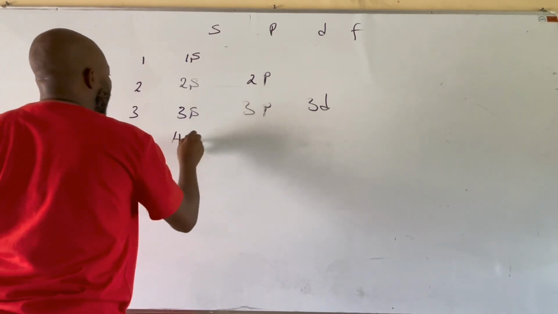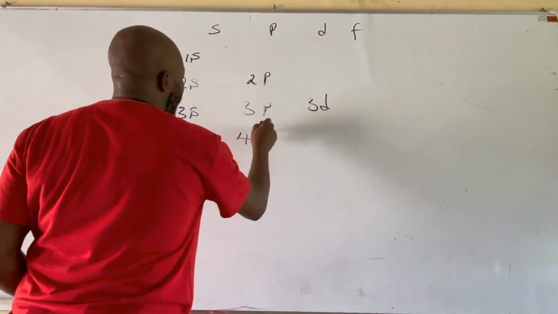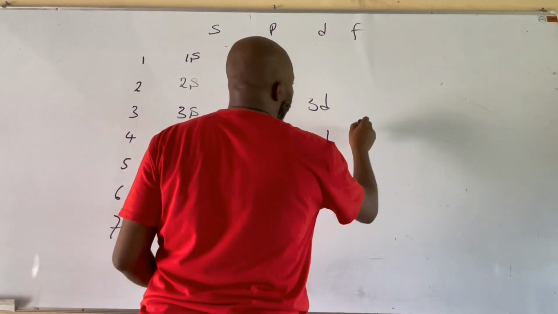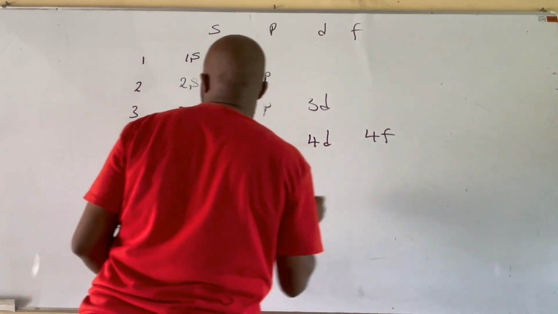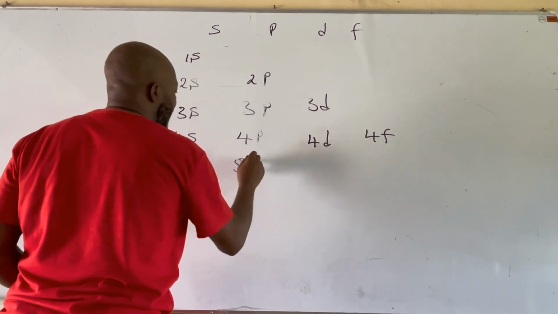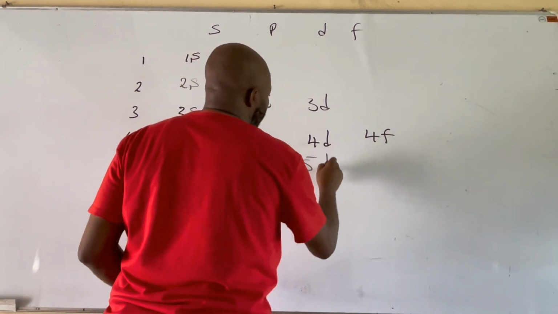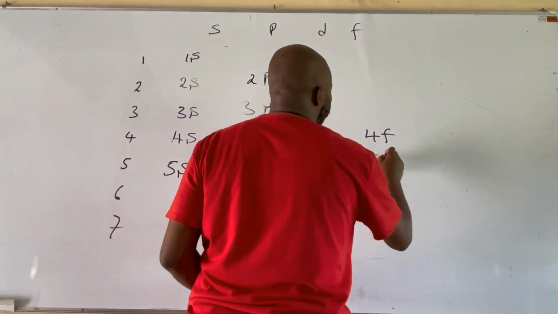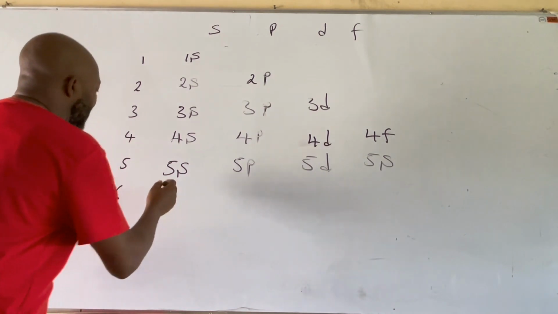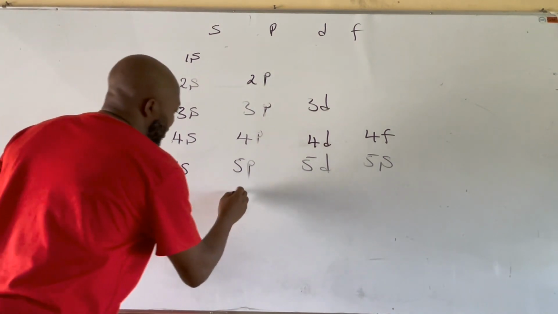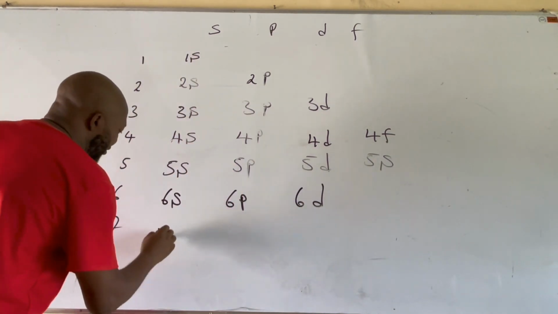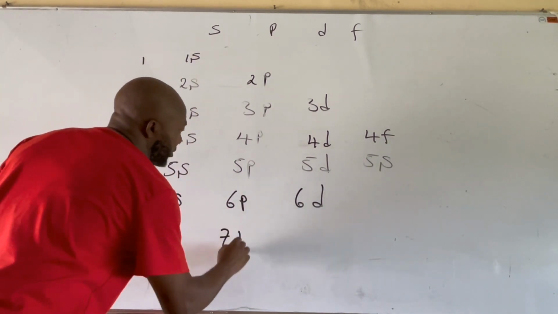In 4, we have our 4S, 4P, 4D, and 4F. In 5, I have my 5S, 5P, 5D, and 5F. For 6, I have my 6S, 6P, and 6D. Then for 7, I have my 7S, 7P.